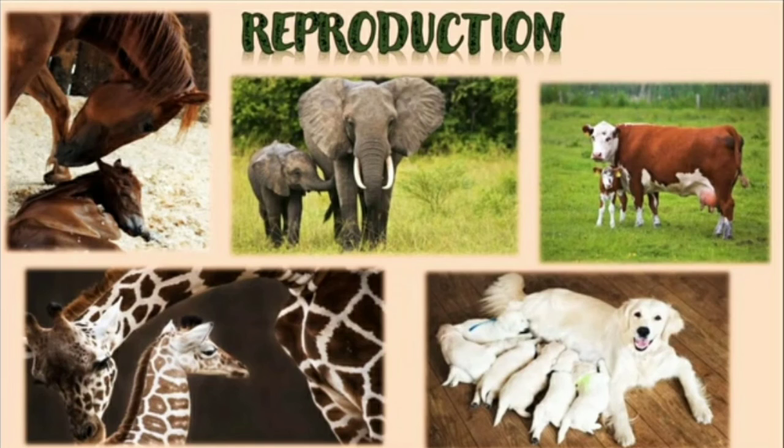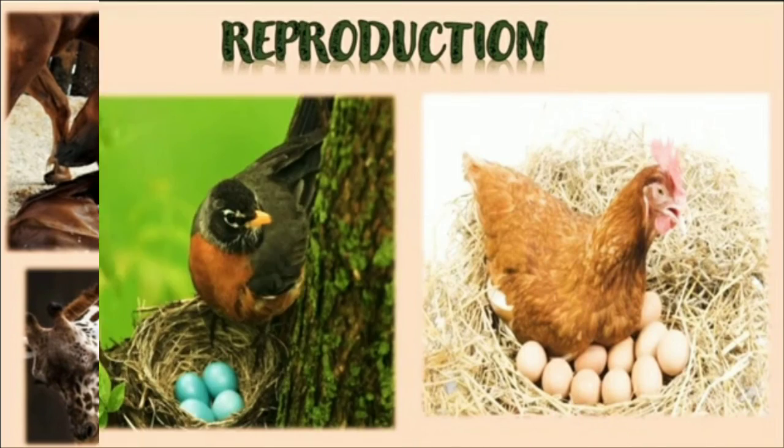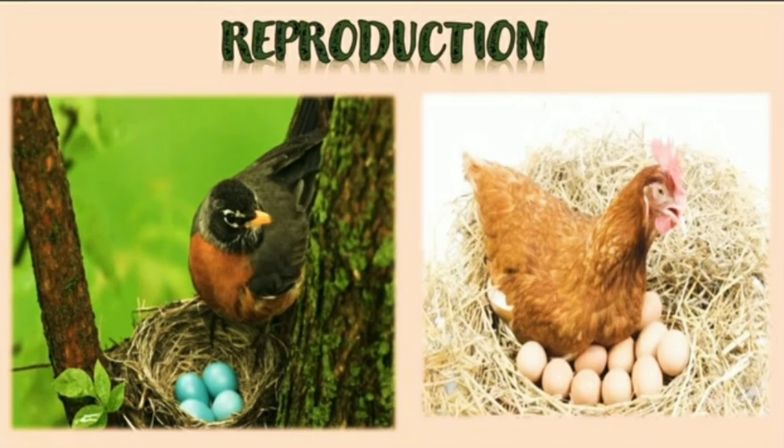So these are some examples of animals which give birth to their young ones. While some animals lay eggs, right? Some birds, like, you can see on your screen, hens. So these animals reproduce by laying eggs. Their young ones hatch out of the eggs, right? And we get new young ones of those animals.